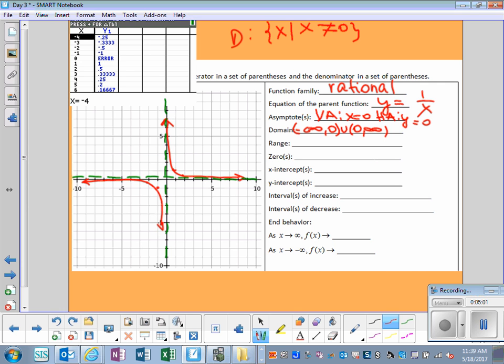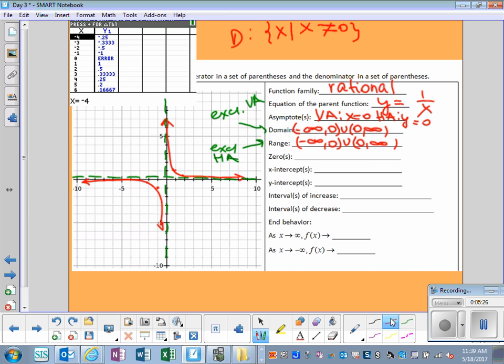So it means that the range will be negative infinity to 0, union 0 to positive infinity, and I get that 0 from horizontal asymptotes. So let's write it: exclude vertical asymptote for the domain, exclude horizontal asymptote for the range.